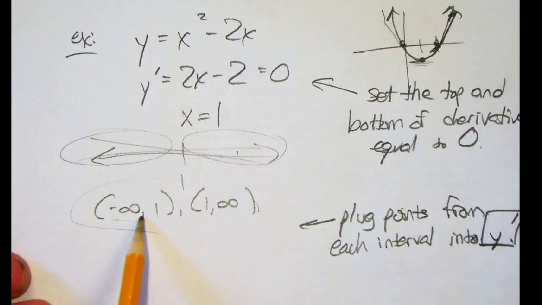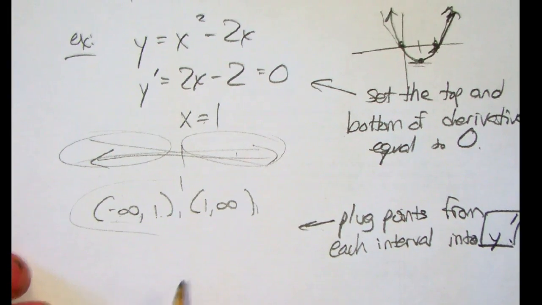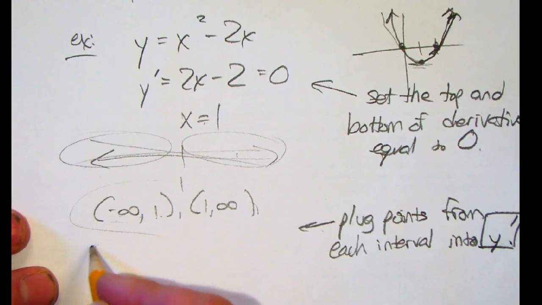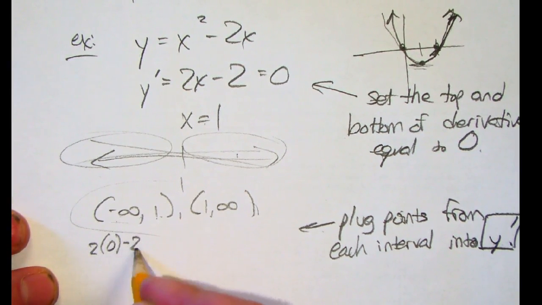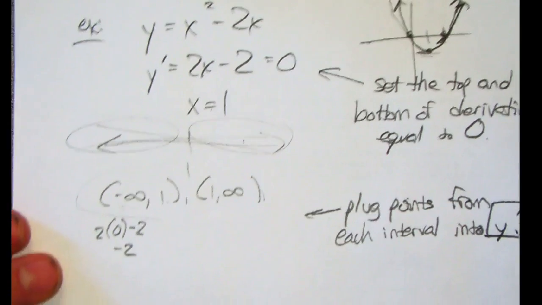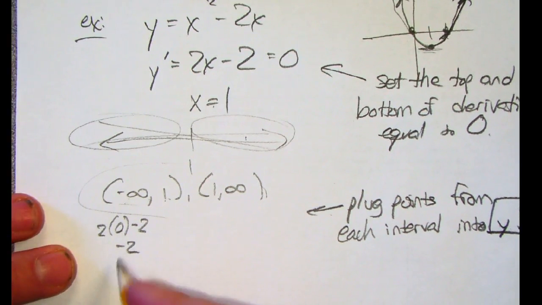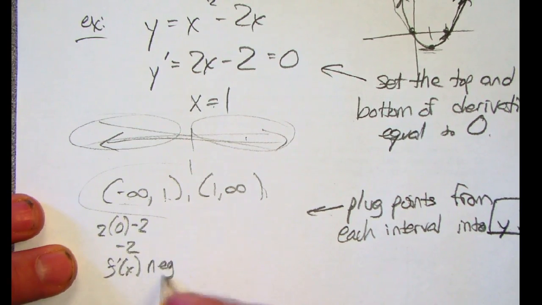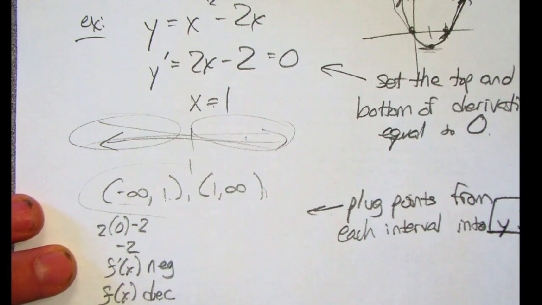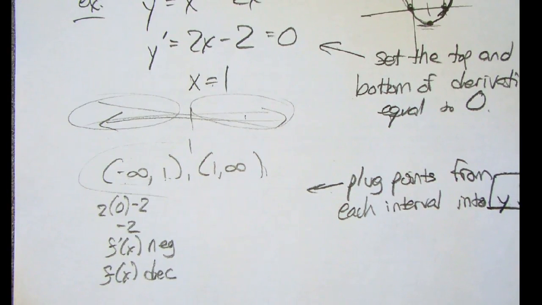So I'm going to take 0, because 0 is the easiest point I can think of between negative infinity and 1. So if I plug 0 into the derivative, I get negative 2. I don't care what the number is. I just care that it's negative. That means f prime of x is negative, which means f of x is decreasing. It's important to write on both of those.